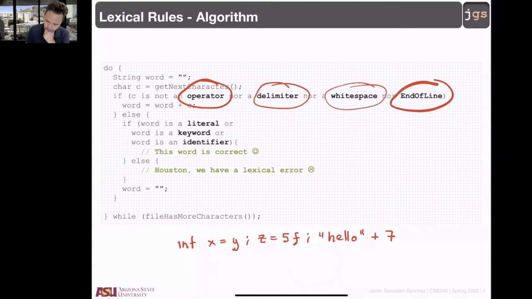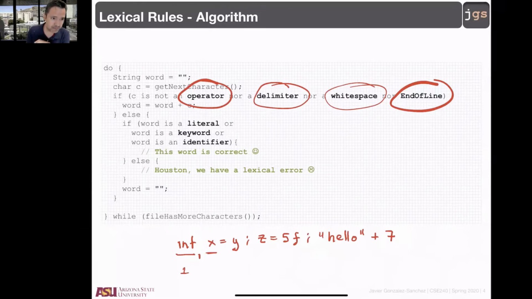Let's see. Can you agree with me that int is one word? And you know that is one word because here I put white space. This is the first word. X is going to be another word.